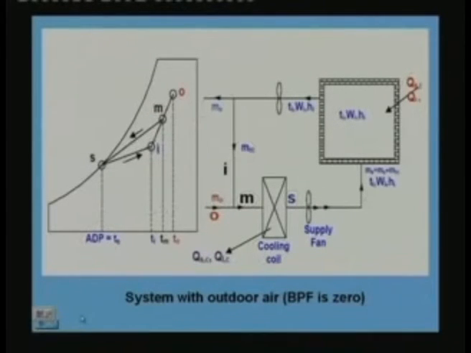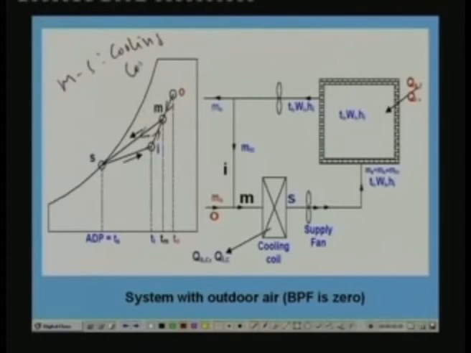On the psychrometric chart, the process looks like this: outdoor and indoor air are mixed, then this mixed air flows to the cooling coil, so process MS is what happens in the cooling coil. Then it enters the conditioned space, so process SI is what happens in the conditioned space.